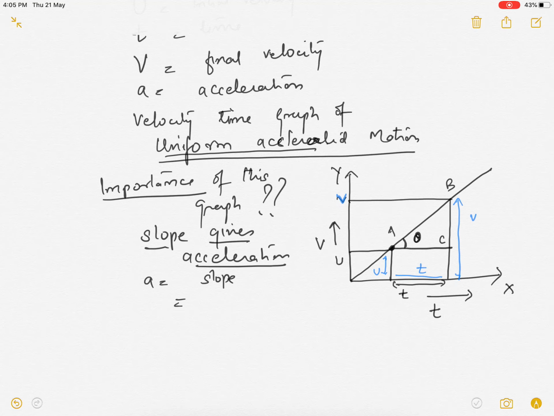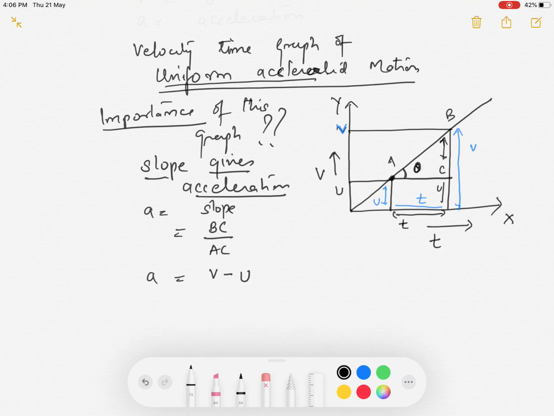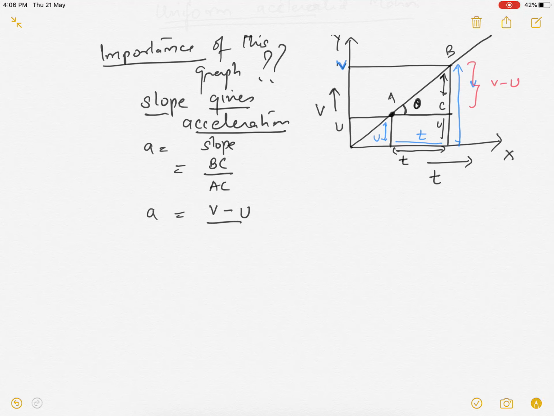And what is slope? Suppose we take point C, slope is perpendicular upon base, BC upon AC. So A is equal to, what is BC, children? It is V minus U. This whole thing is V, this much is U, so this much is V minus U. Now what is AC?